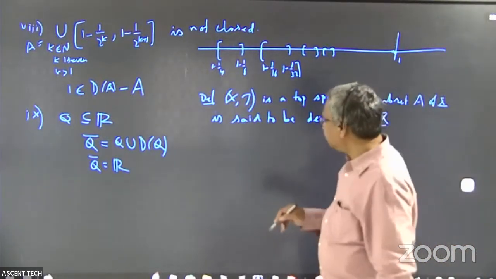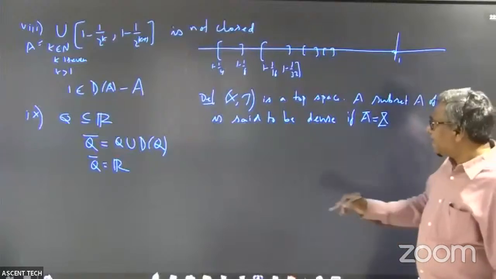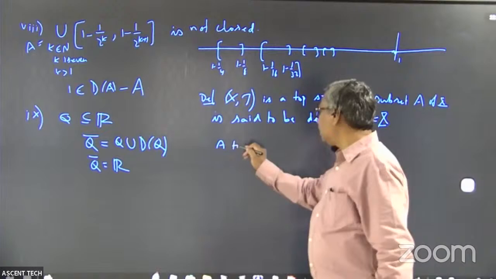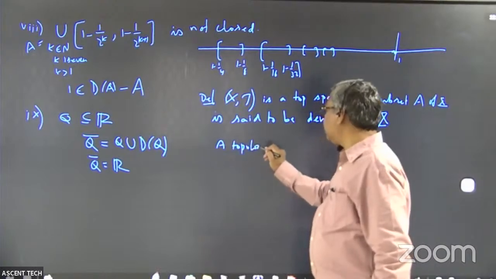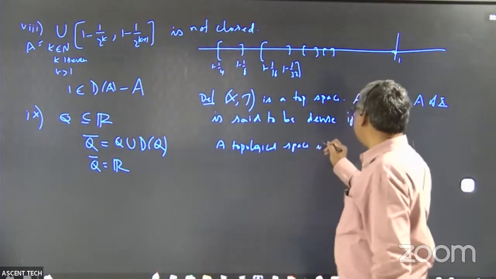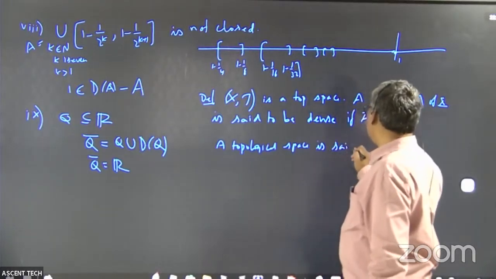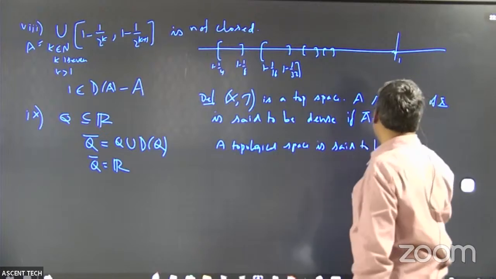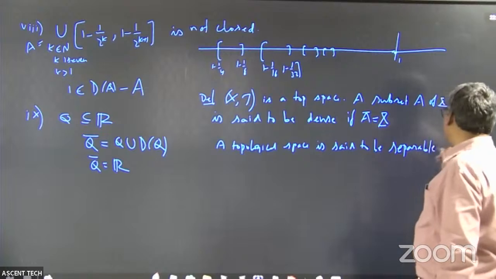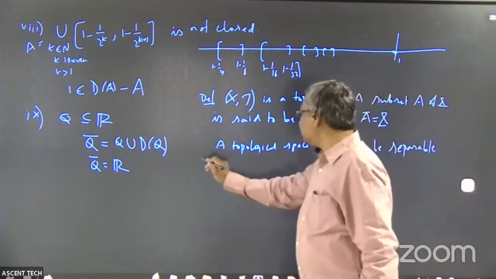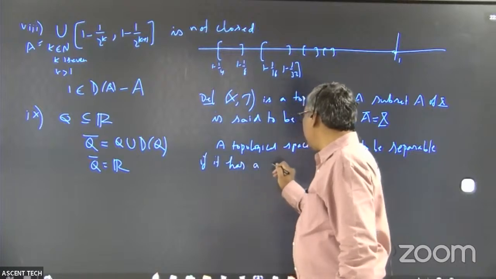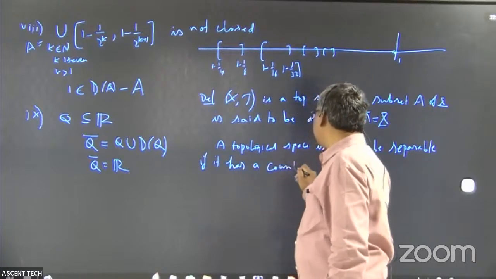Right? And a topological space is said to be separable if it has a countable dense subset.